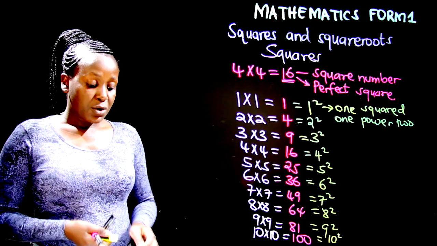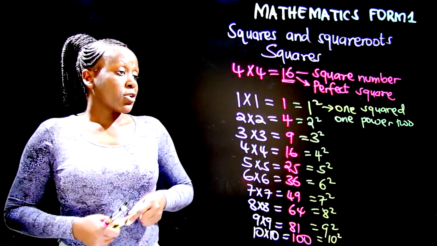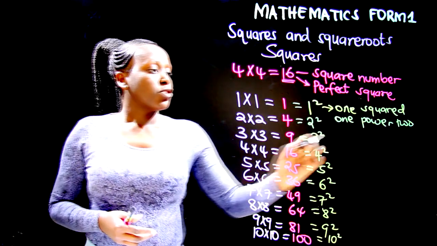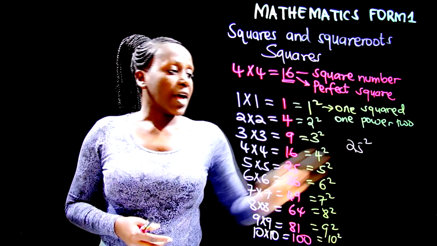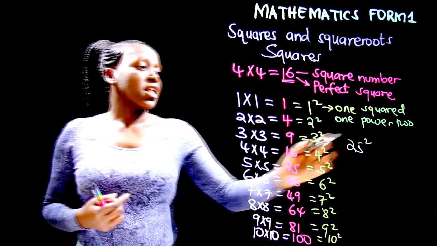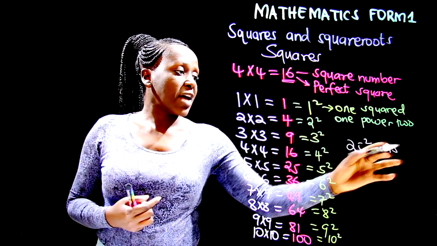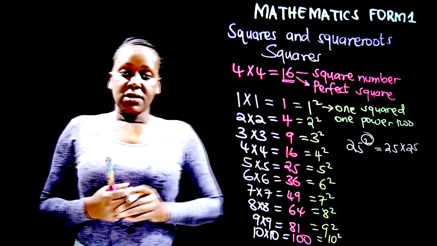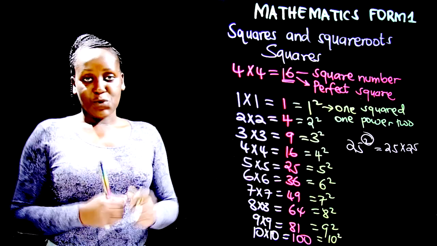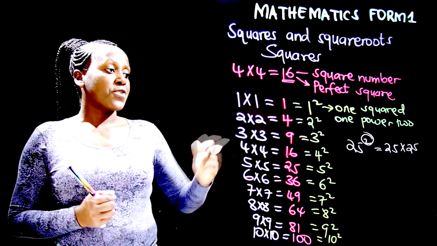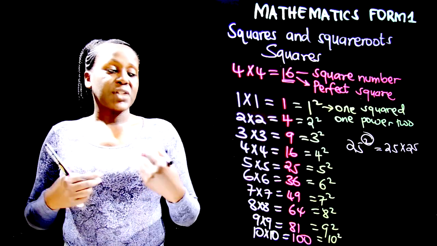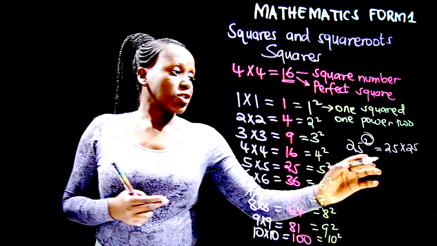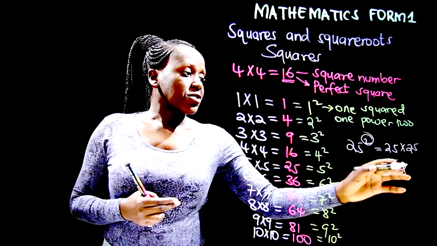So if you come across a question that requires you to determine 25 squared, this means that you do 25 times 25. That is the meaning of the symbol, which is read as squared. Alright? 25 squared means 25 times 25, which when you multiply, you get 625.